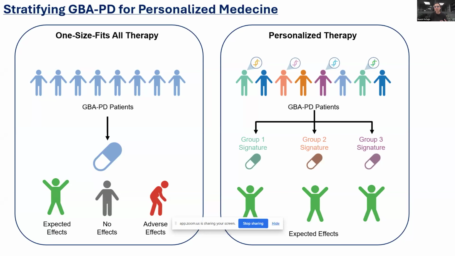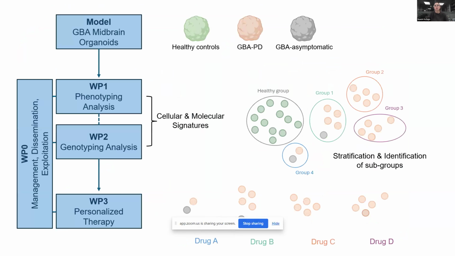So the idea here is to identify different subgroups of GBA PD patients and adapt the therapeutic strategy to these subgroups.